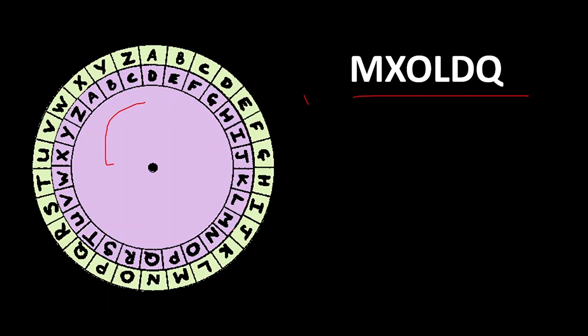So let's start. M becomes J. The purple X becomes the green U. The purple O becomes the green L. The purple L becomes the green I. The purple D becomes A, which is what I explained earlier.